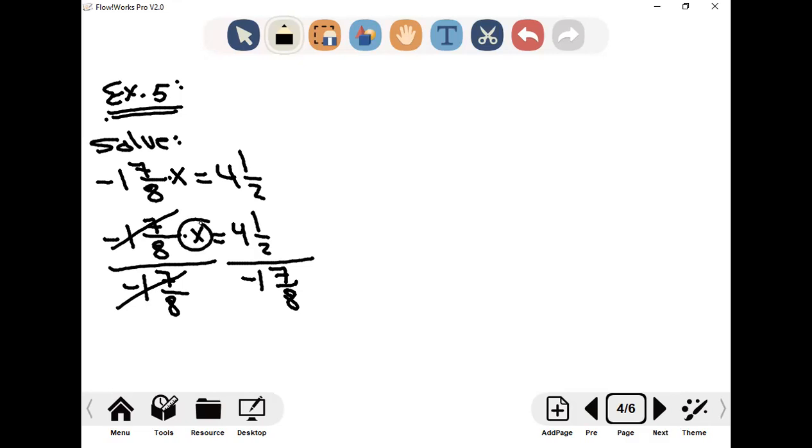Still what now? Now take these two numbers and calculate on the other side. I have 4.5 divided by negative 1 and 7 over 8, right? Yalla, 4.5 divided by negative 1 and 7 over 8.